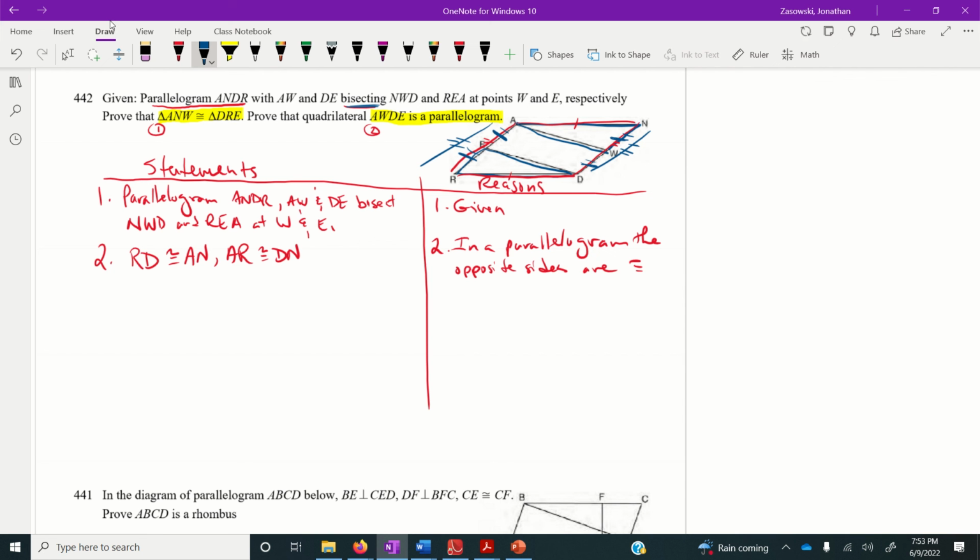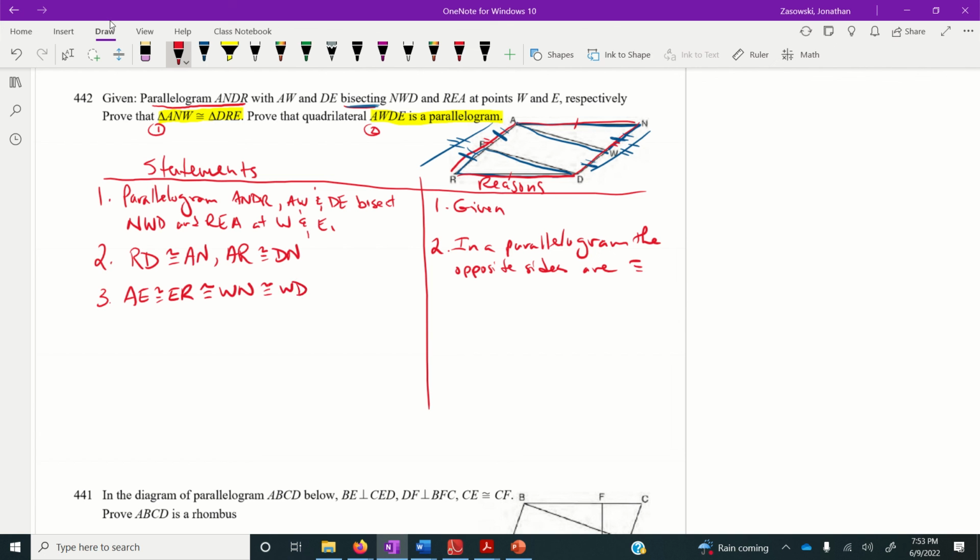So by rearranging step 2 and saying this first, what that lets me then say is that AE is congruent to ER, and it's also congruent, we can keep going here, with WN, and that's also congruent, all of those are congruent with WD.